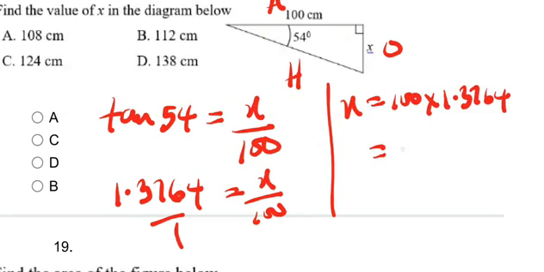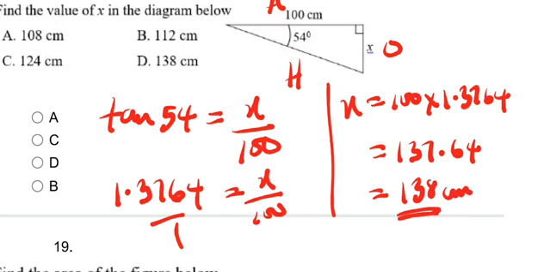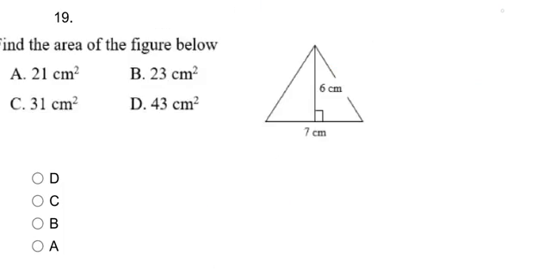So when we multiply by 100, we're going to have 137.64. So approximately, we're going to have 138 centimeters. I hope this is clear. All right, so let's move to the next question.